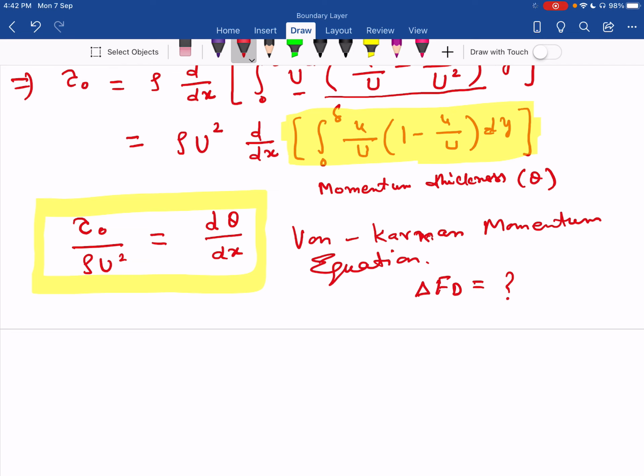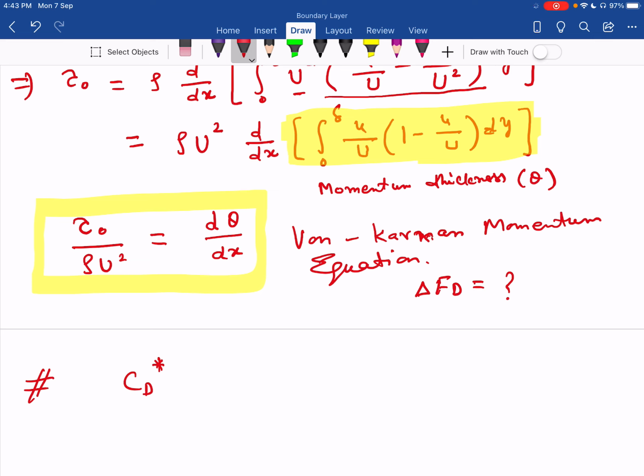Now we have two or three more terms with relation to this frictional drag. The one term is CD star.